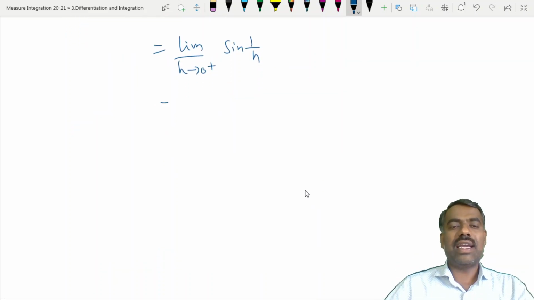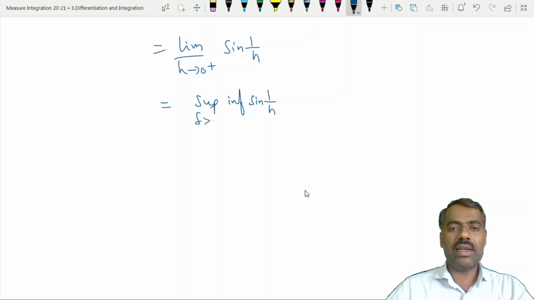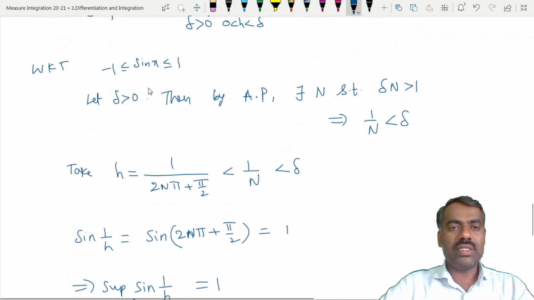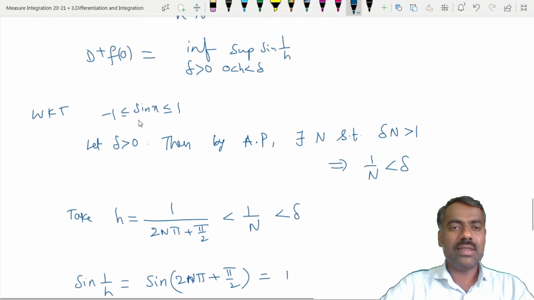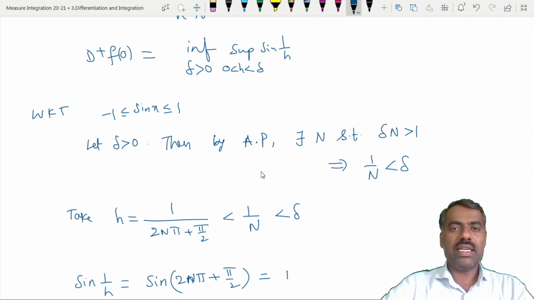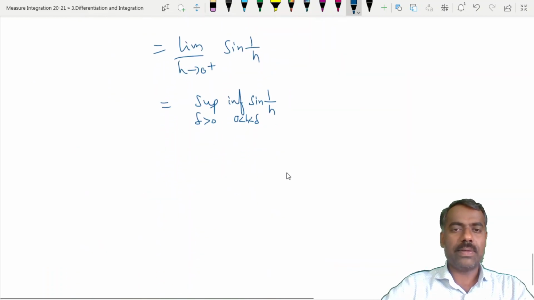But since it is a lower limit, we first find the infimum of sine 1 by h, and then the supremum over delta greater than 0, where h is between 0 and delta. Just like we have seen, sine takes minimum value minus 1 and maximum value 1. So if we can find some h such that sine of that value is minus 1, then this infimum value is minus 1, right? So the same concept you can use.